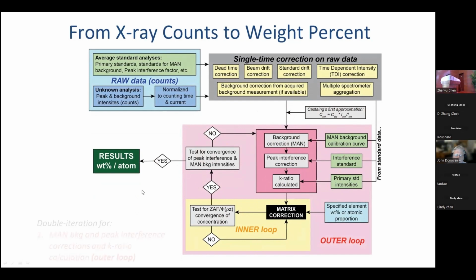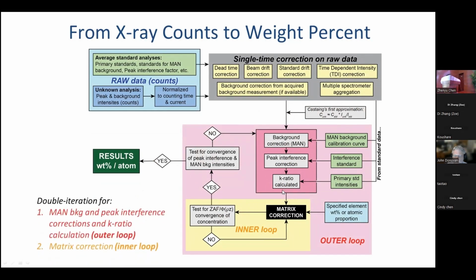We iterate until we get a result. It should be pointed out that this double iteration loop is there because when the interference correction is applied, it could change the composition of the elements in the material. That means the matrix correction has to be recalculated. If you do the interference correction in Excel, by just subtracting, you're not going to get an accurate matrix correction, as John discussed, for missing elements.